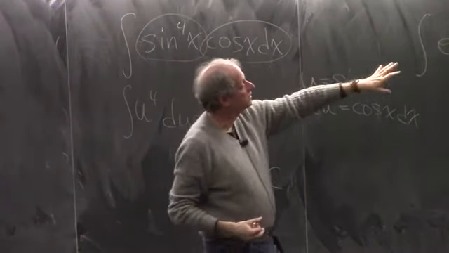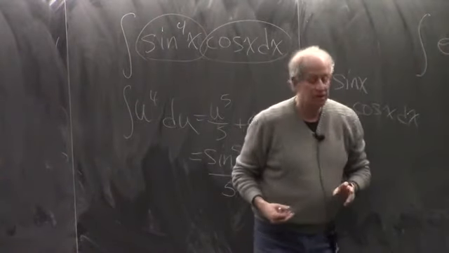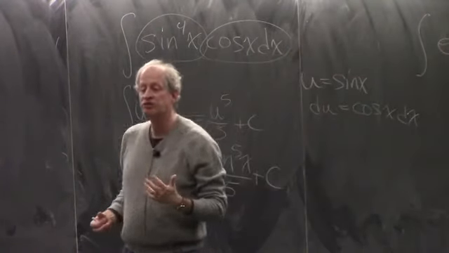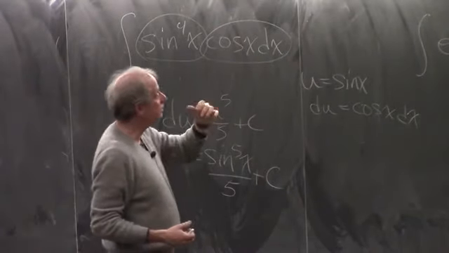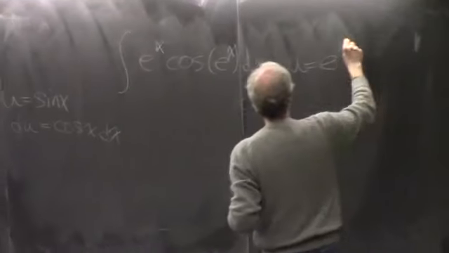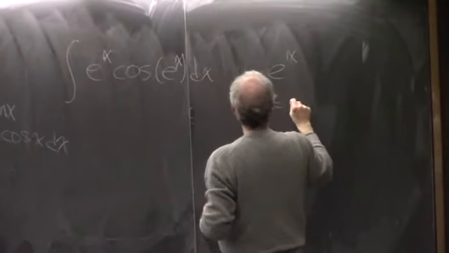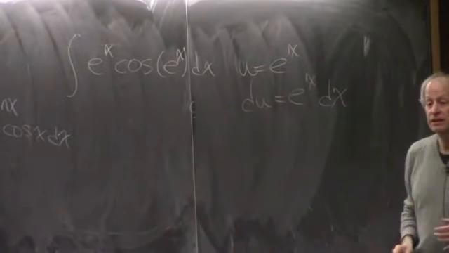Alright, what about here? I see cosine of e to the x, and I see e to the x. So if I let u equal cosine, there's no sine in here. But if I let u equal e to the x, du is e to the x dx.